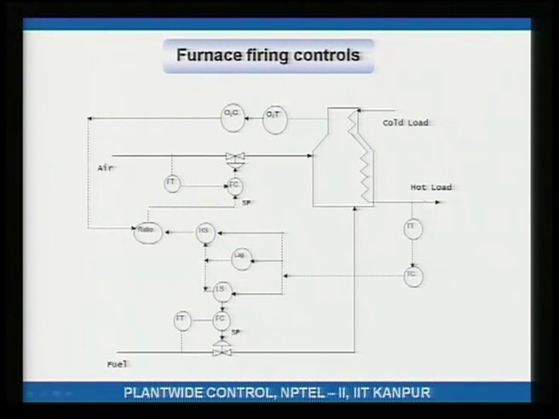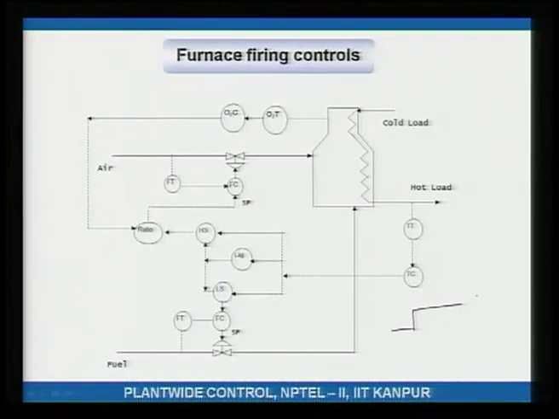So, let us say the heating load goes up, that means the process stream is colder, you need to heat it more. So, this is the heating load, let us say it is going up as a step. If the heating load has gone up, that means you need to add more fuel and more air.